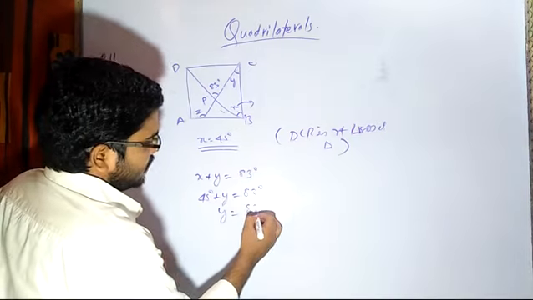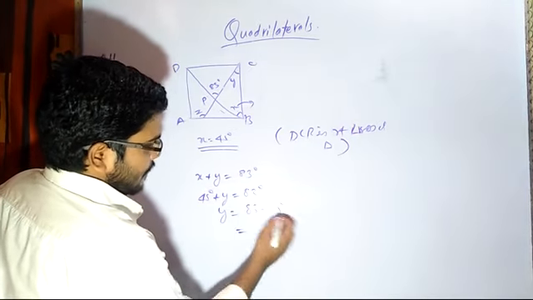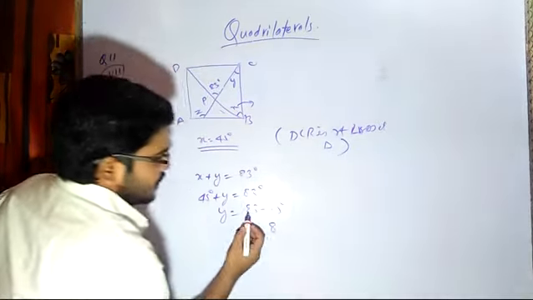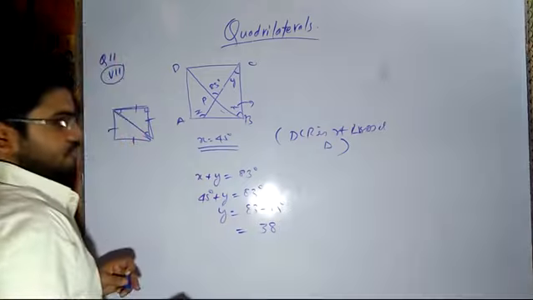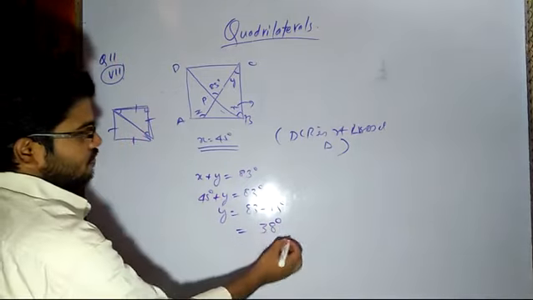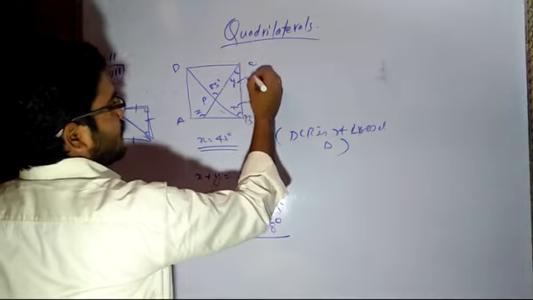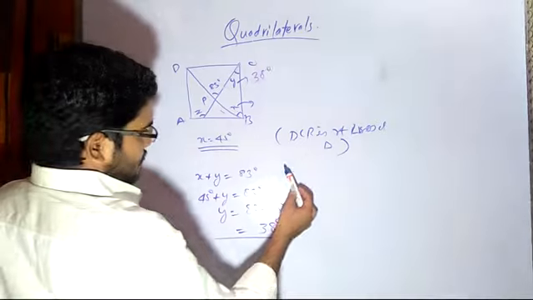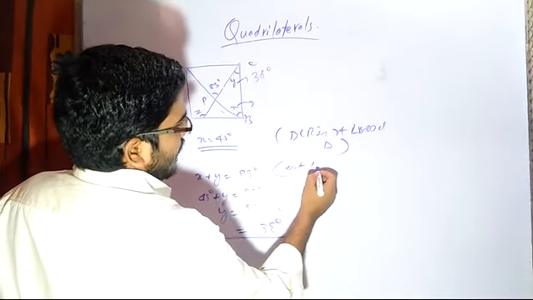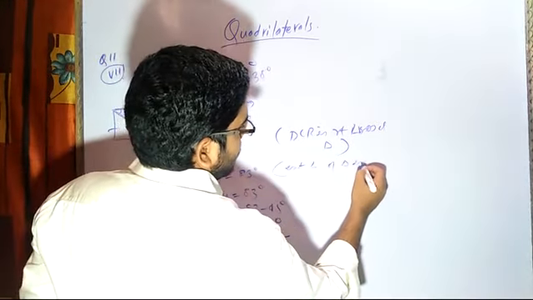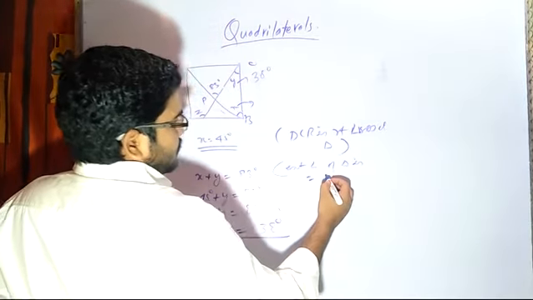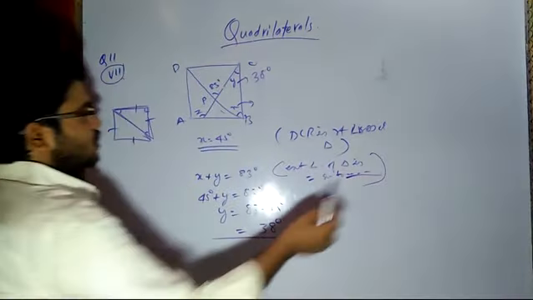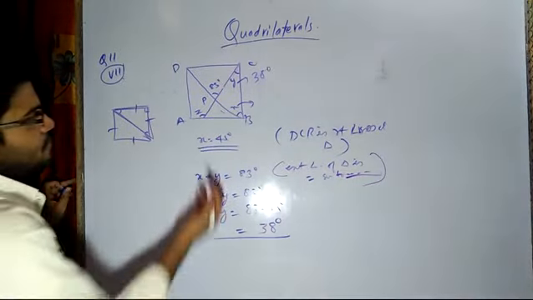So y will be equal to 83 minus 45, which is 38 degree. The exterior angle of a triangle is equal to the sum of the two interior opposite angles. I hope all of you know that, so I'm not writing it.